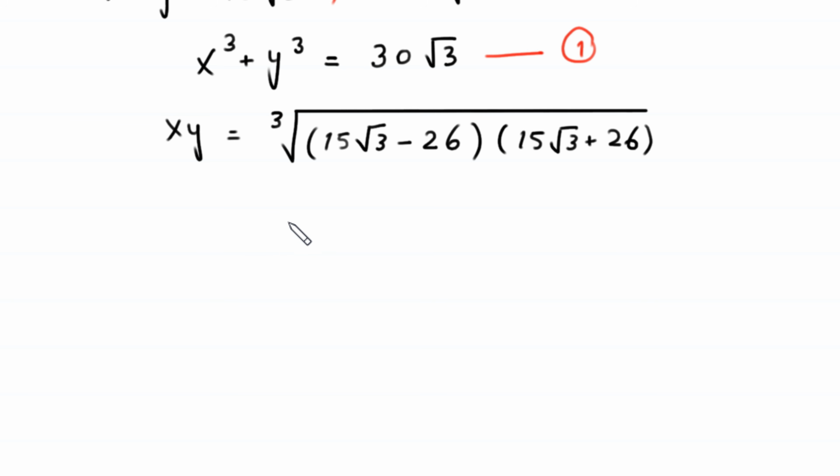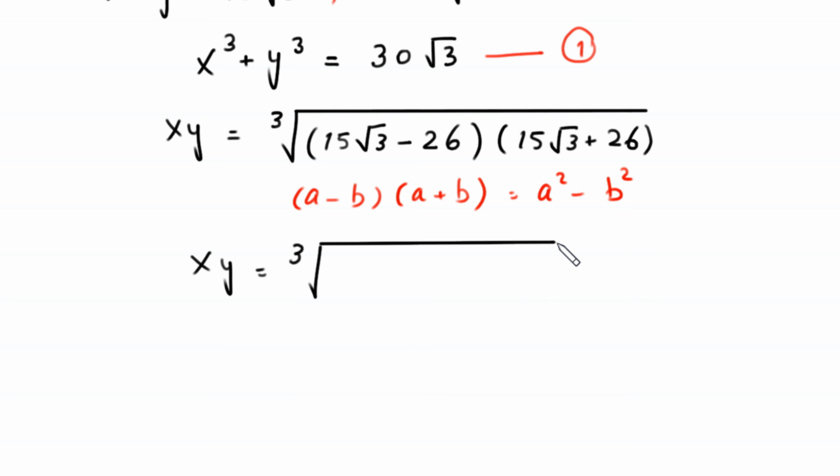Now by using this algebraic identity, a minus b times a plus b equals a squared minus b squared, the right hand side will become x times y equals the cube root of 15 times root 3 whole squared minus 26 squared.